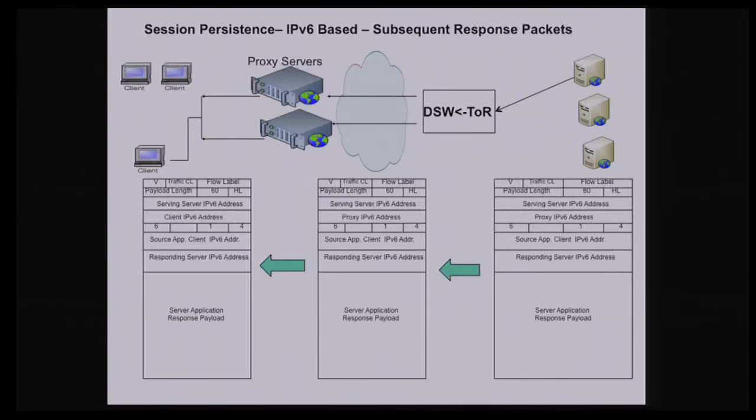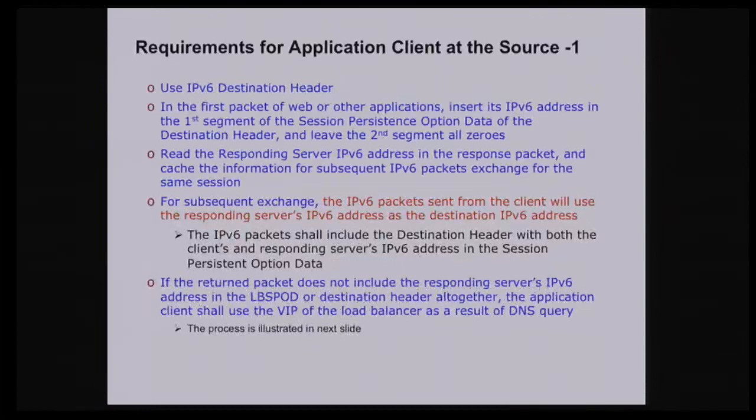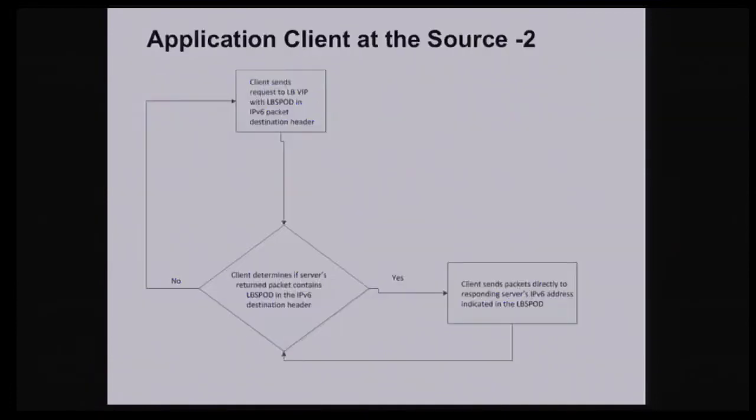And the packet will be sent back to the client without going through the load balancer. So the requirement for the client, the web browser, will be to cache that responding server's V6 address and use it in subsequent packets sent out from the client to application servers.